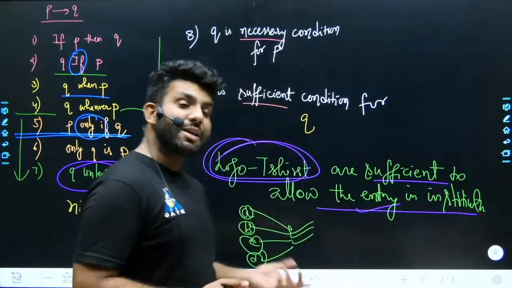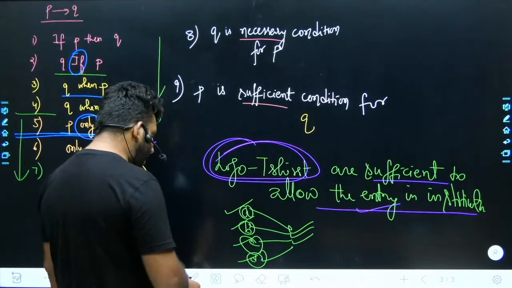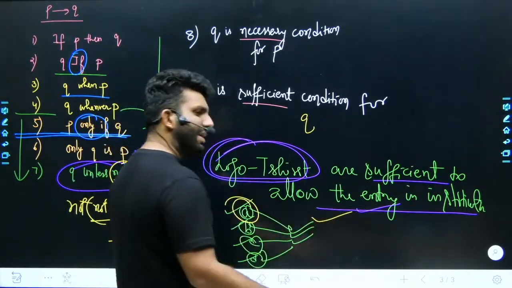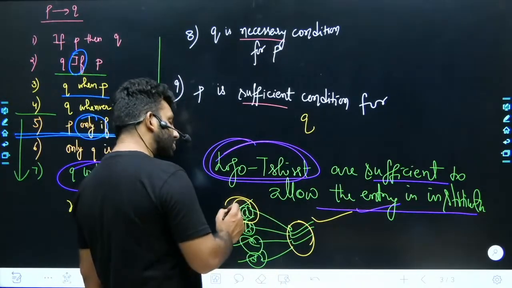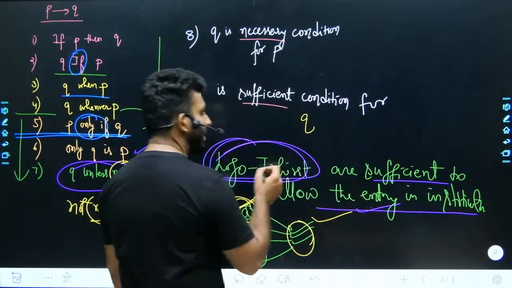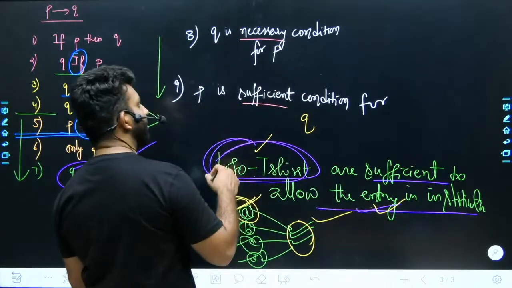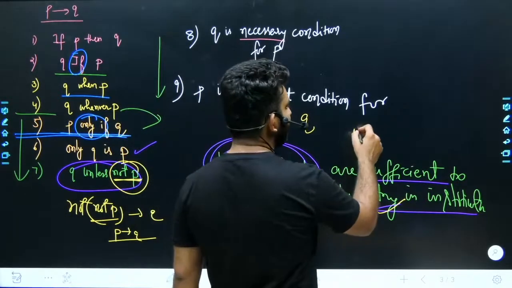So there are multiple ways you can take the entry. If this condition is fulfilled, entry is fine. But if I'm taking the entry, it is not only this which will be there; there can be multiple things. So this will not guarantee this, but this will definitely guarantee this. That's why whenever P is a sufficient condition for Q is written, it always means P implies Q.